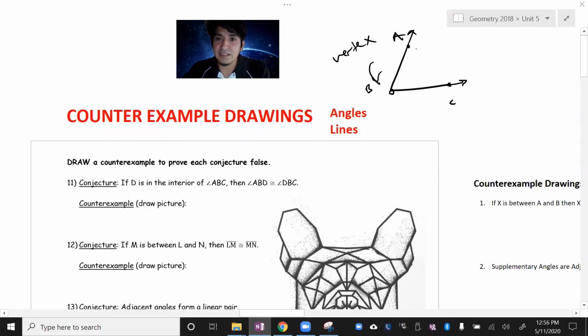When they say interior, or in the interior, or bisecting, then it's somewhere inside here. If you're given a line segment, say A and C, and somewhere in the midpoint or between, then it'll be somewhere along these lines. So just quick refreshers. These are what you have to draw.